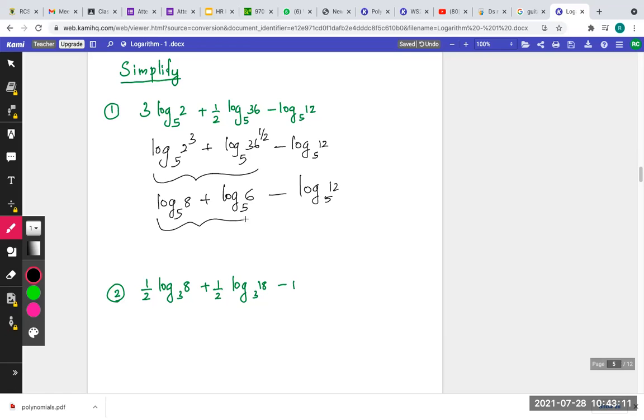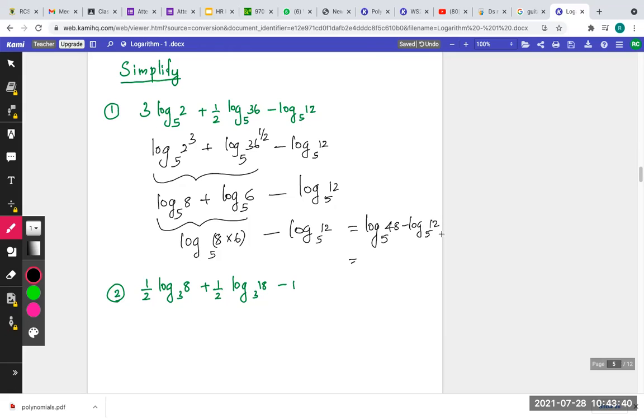So when I do the first law here, the multiplication law, what will I get? Log 8 times 6 to the base 5, right? Minus log 12 to the base 5. Now what can we do? You can do the subtraction law, or if I simplify it further, I get log 48, right? 6 times 8 is 48, to the base 5 minus log 12 to the base 5.